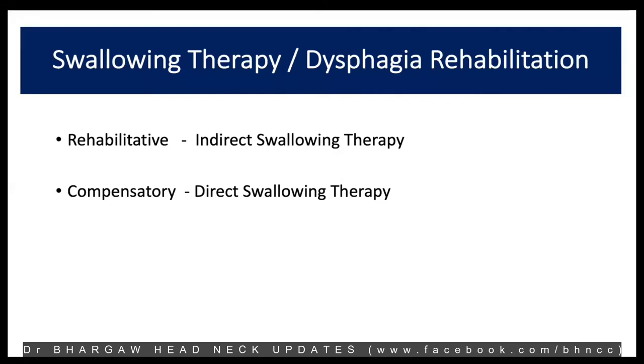In compensatory or direct swallowing therapy, some amount of food is given. There is some damage to the existing musculature or digestive mechanism. So what we do is we bypass that by using the intact musculature and try to compensate, have compensatory exercise maneuvers, and try to help these patients to swallow.